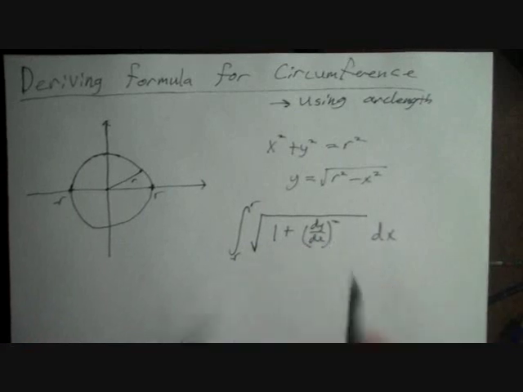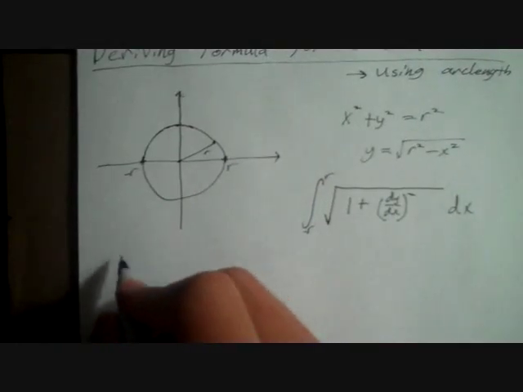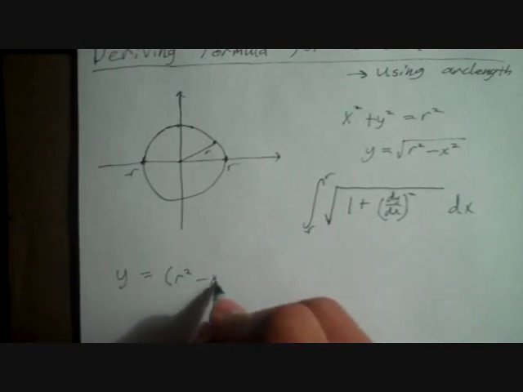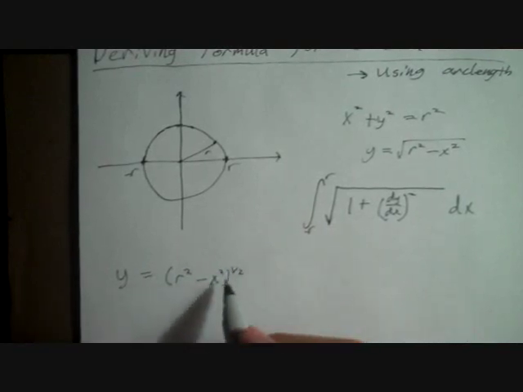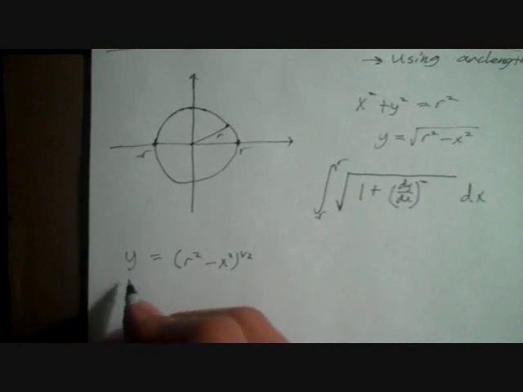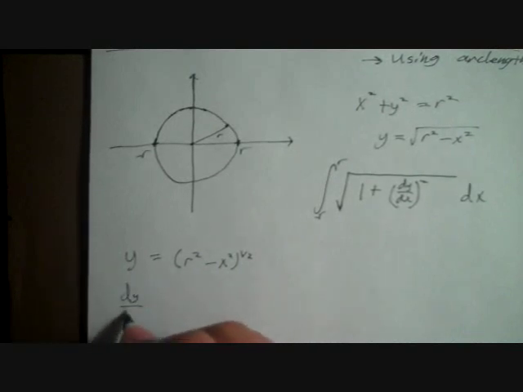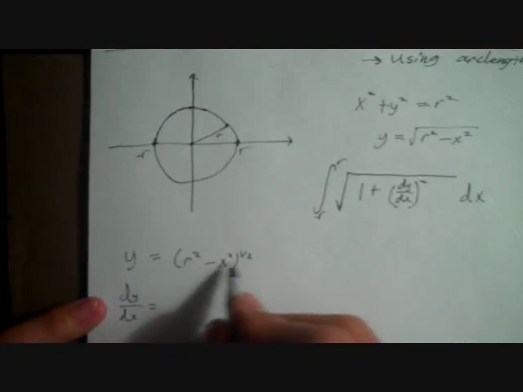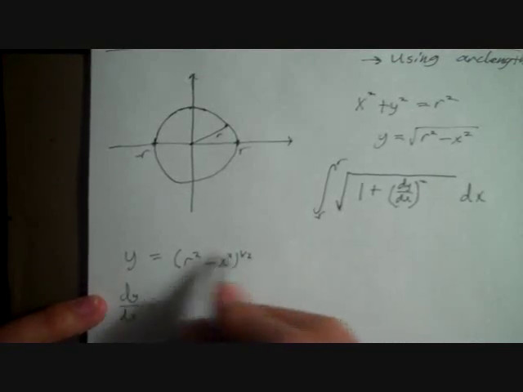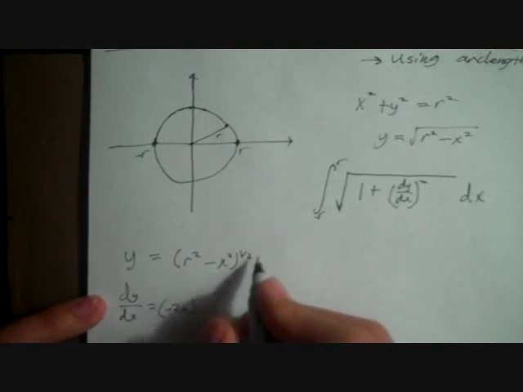So dy/dx, well, what's that? Well, you know that y equals (r squared minus x squared) to the 1/2, right? Because raised to the 1/2 is the same as the square root. So let's take the derivative of both sides. The derivative of y with respect to x equals, okay, this is a function, our x squared function within our square root function, so we're going to have to use the chain rule. So the derivative of our inside, which is negative 2x, times the derivative of our outside.